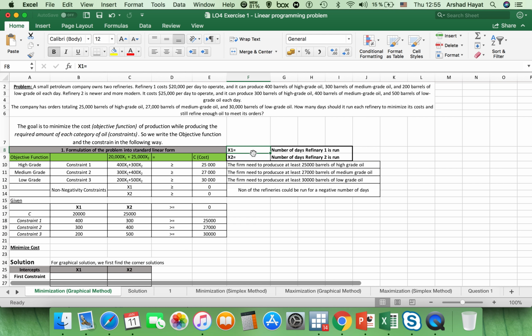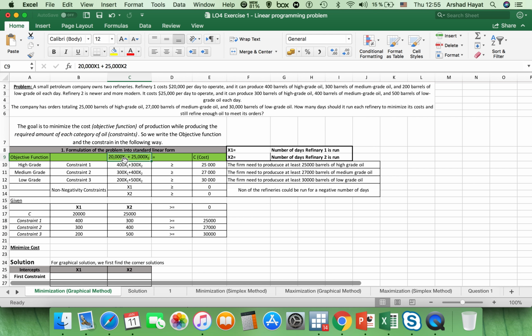Because we can control x1 and x2, which means that the firm can control how many days it runs refinery 1 and refinery 2. Now, x1 here is multiplied by 20,000 because when the firm runs refinery 1, it costs them $20,000 for each day.